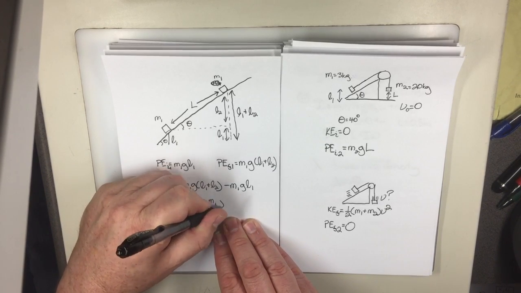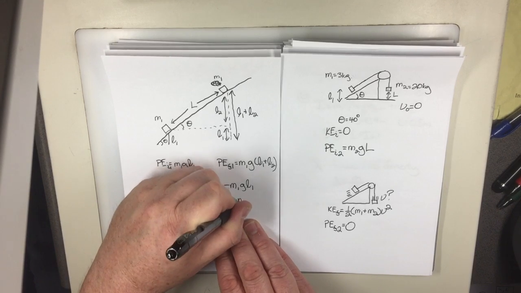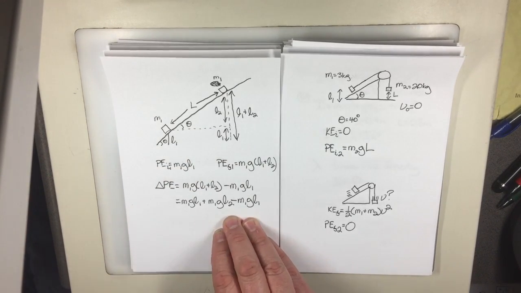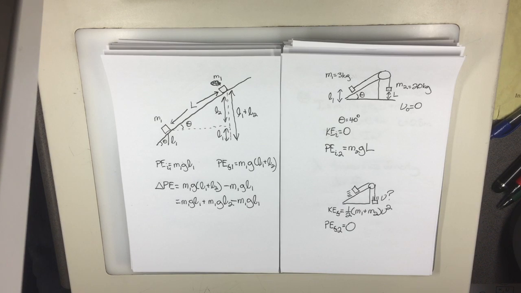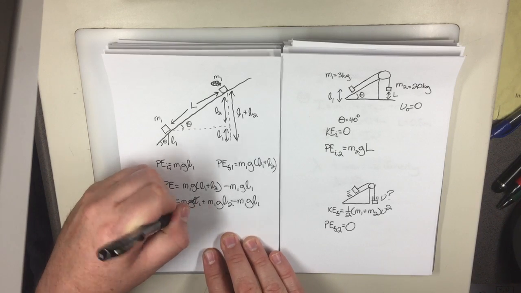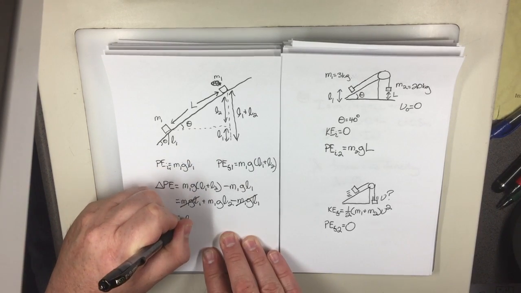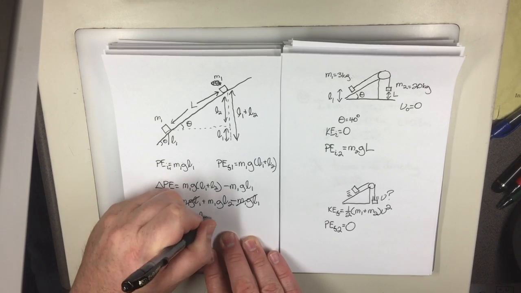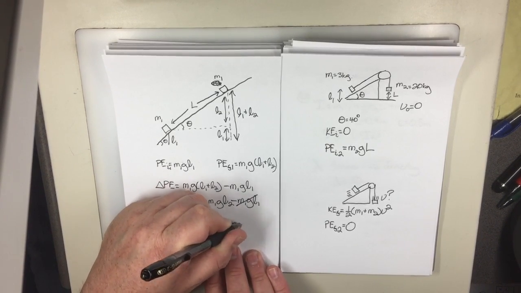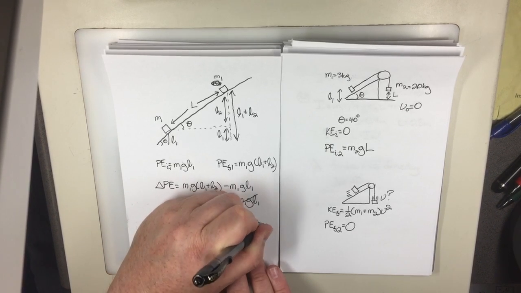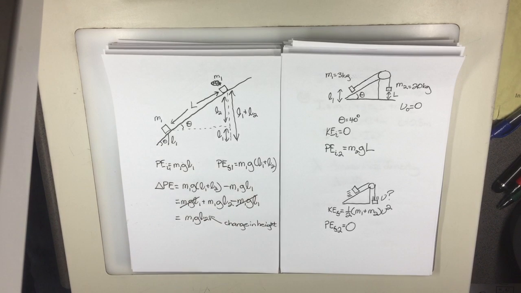The bottom line of all of this, it's not important to truly know the starting height of the object or the ending height of the object. What is important is the change in height. So the potential energy of 1 increases by a value of M1gL2.